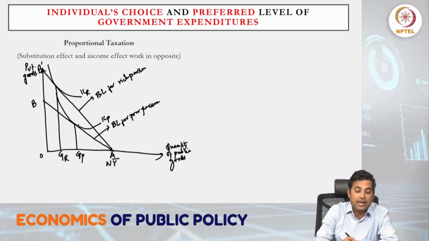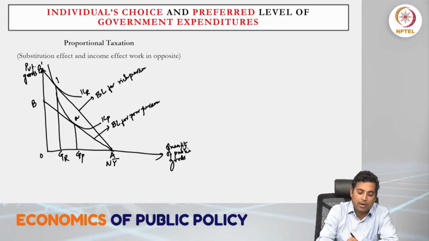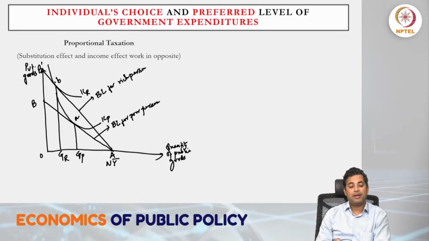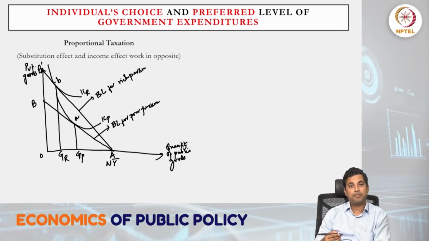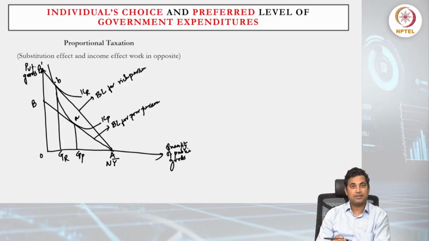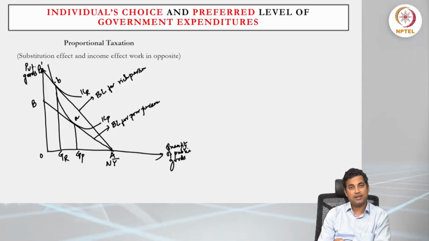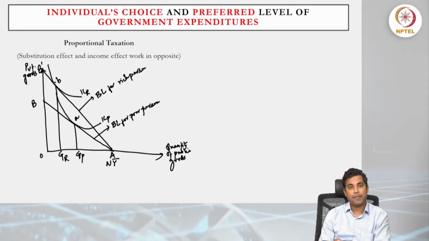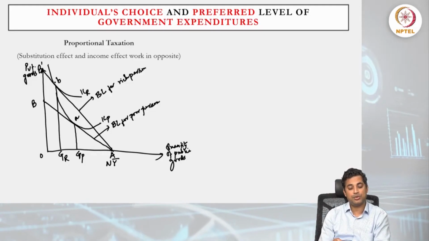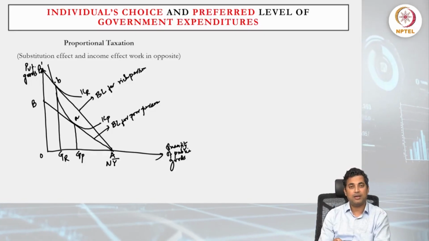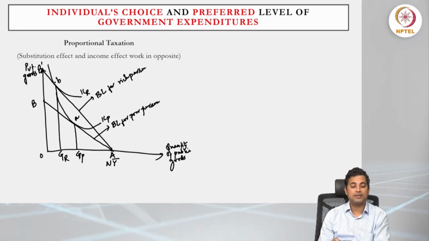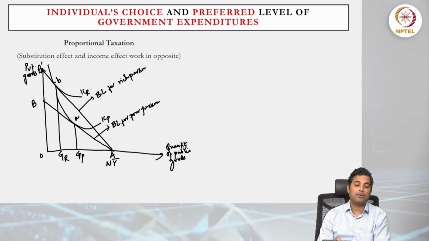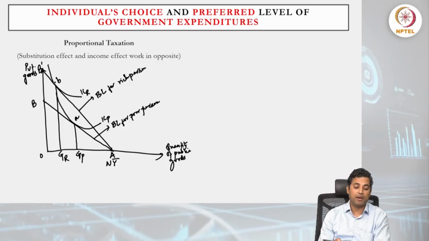So here there are two tangent points, one is A and one is B. We see that as income increases, the rich person also has to pay more taxes, but their general tendency is to have a lesser quantity of public commodities, and they will tend to buy or consume more private goods.